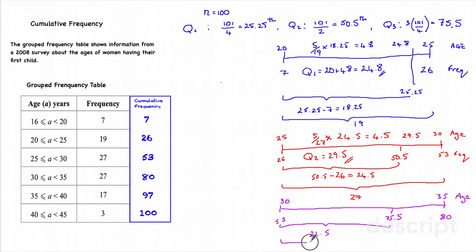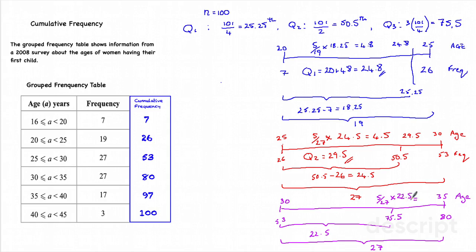The full gap here, well, I can read it from the frequency table. It was again 27. I need to divide my age into 27 equal parts. And then I need 22.5 of them.